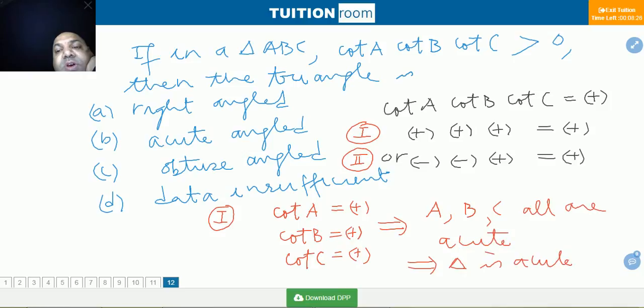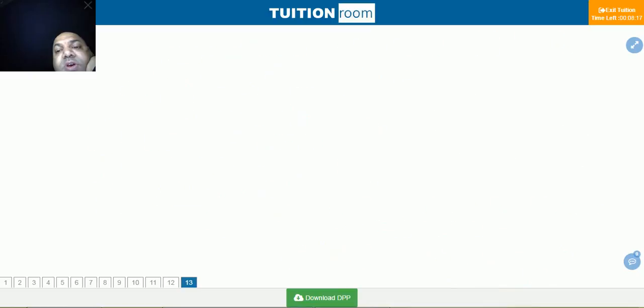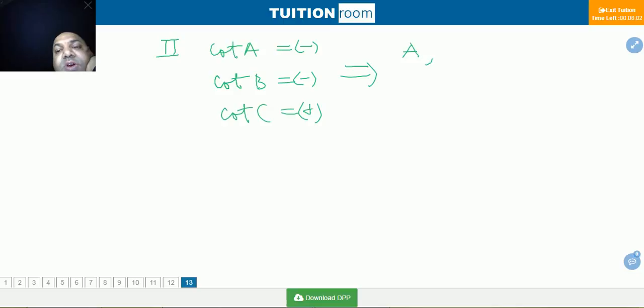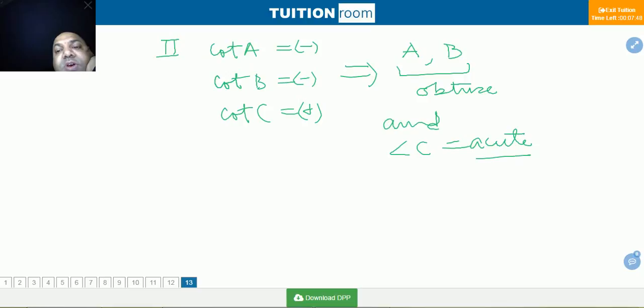Now we are required to discuss the second case also. Second case: cot A is negative, cot B is negative, and cot C is positive. This implies that angles A and B are obtuse, and angle C is acute. Acute means between 0 and 90. Obtuse means greater than 90 but less than 180.